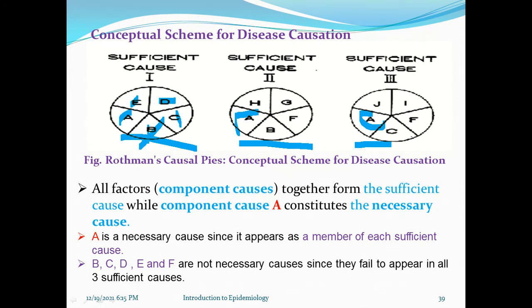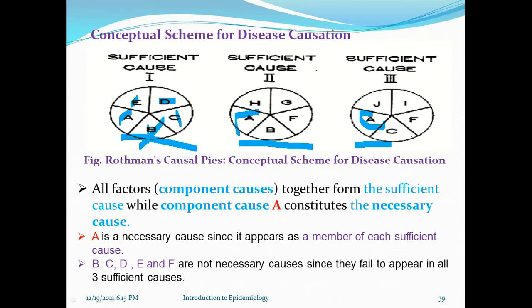But B, C, D, E, F are not necessary causes since they fail to appear in all three sufficient causes. B, C, D, E, F are not found in the three, but A is found in the three. So A is a necessary cause, but these five pieces or components are not.